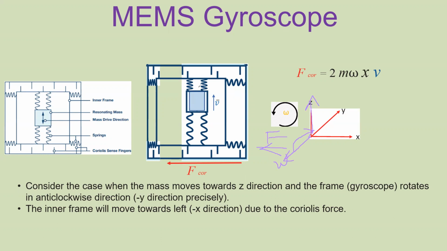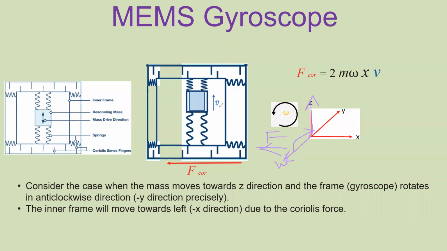So that means this proof mass will experience a force, F Coriolis, with magnitude given by 2m omega V sine theta. In this case, the angle is 90 degrees, so sine 90 is 1. So it will be 2m omega V magnitude. This will experience a force towards this direction, left.